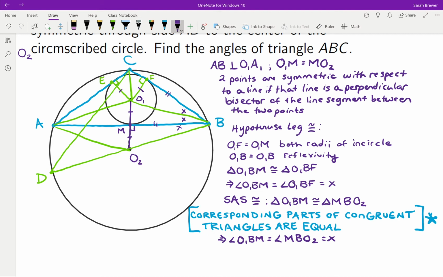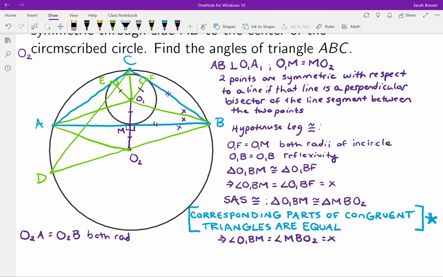Well, I can extend this over to the left-hand side. So again, I know that this is a right angle. I know that O2A is equal to O2B because they're both radii.